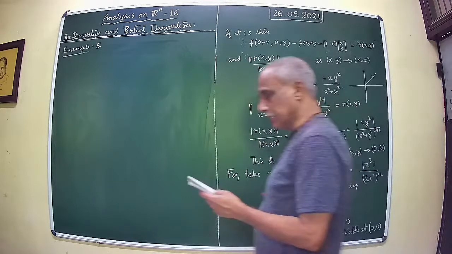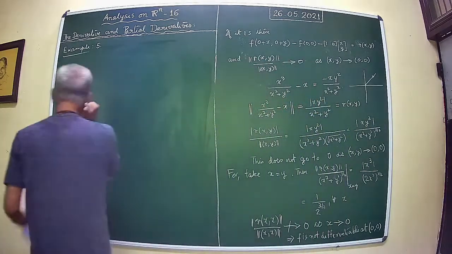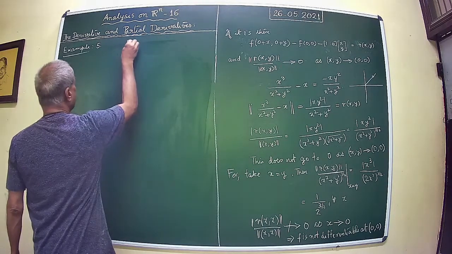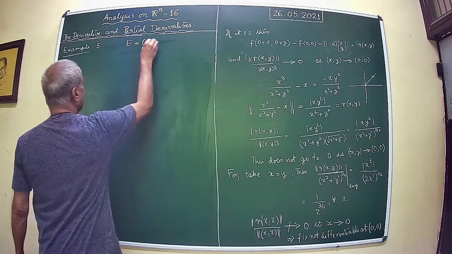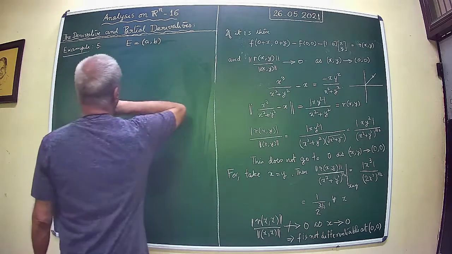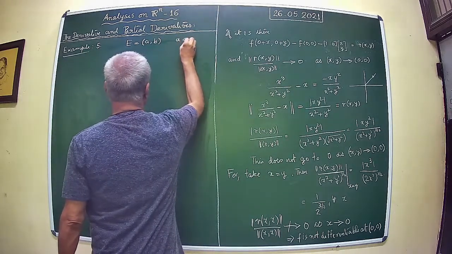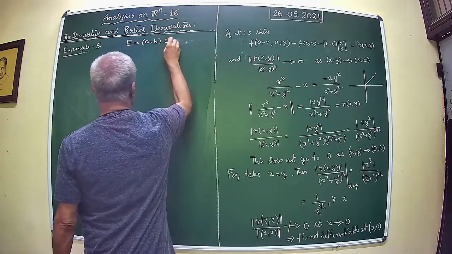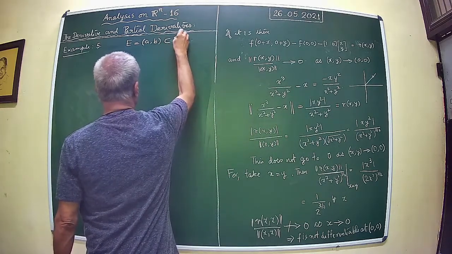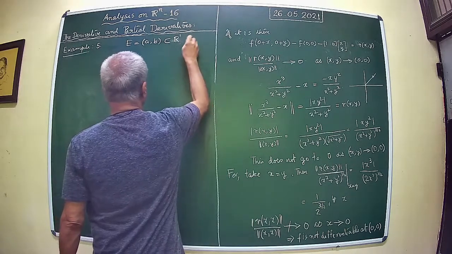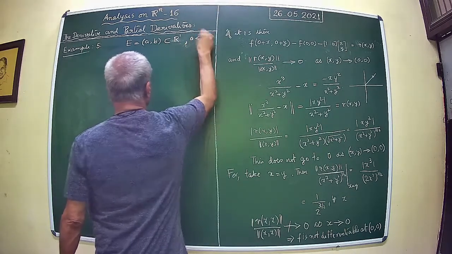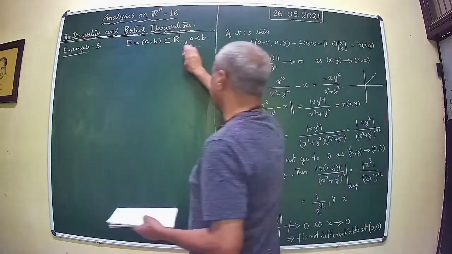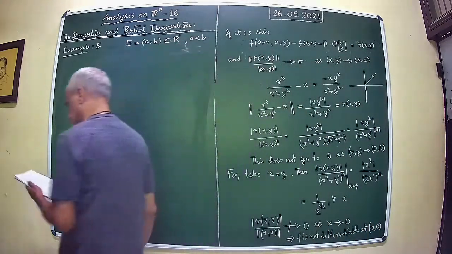We take E to be equal to the interval AB in R1, a bounded interval. Let us start with the bounded interval. So there is no problem, it's an open set.